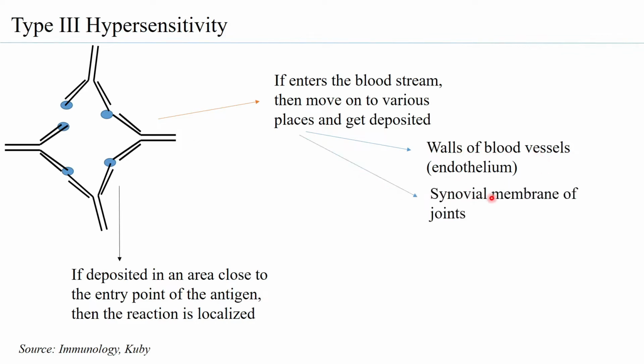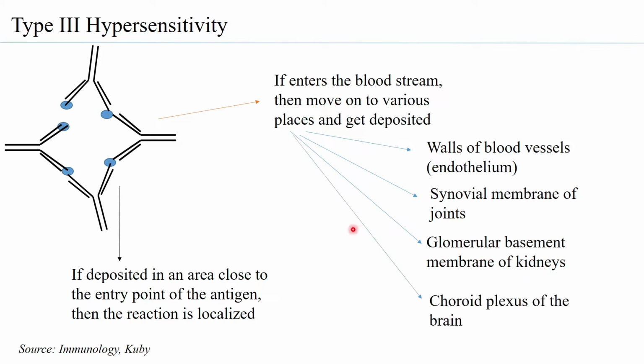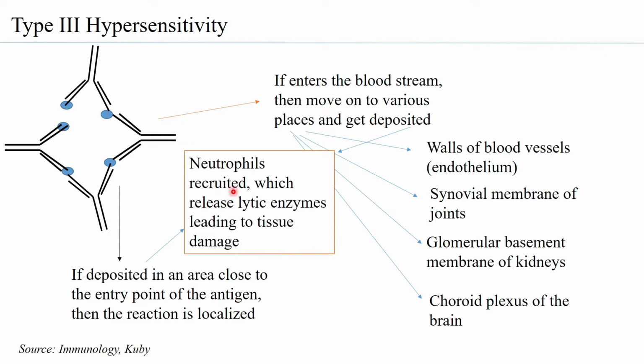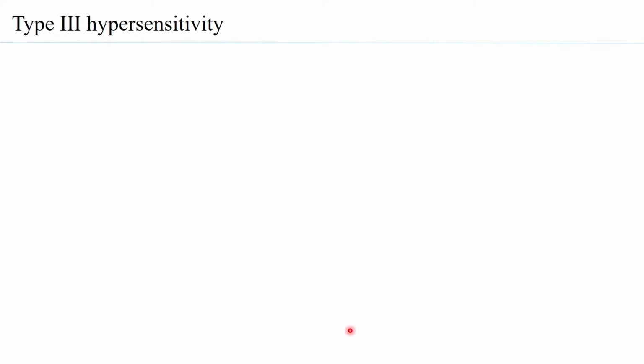It can bind to the synovial membrane of joints, to the glomerular basement membrane of kidneys, and to the choroid plexus of the brain. Wherever it gets deposited, it recruits neutrophils, and these neutrophils release lytic enzymes, leading to tissue damage. So that is how type 3 hypersensitivity is built up.